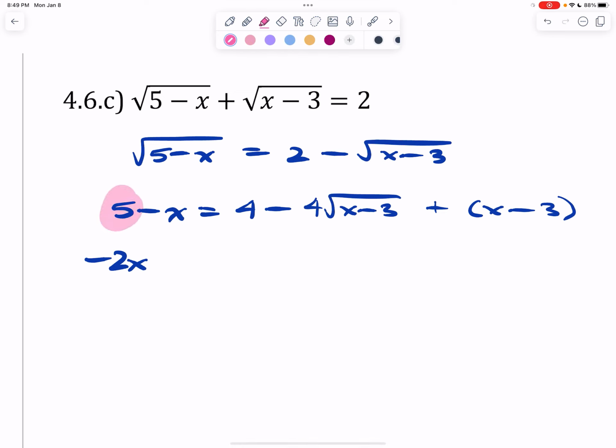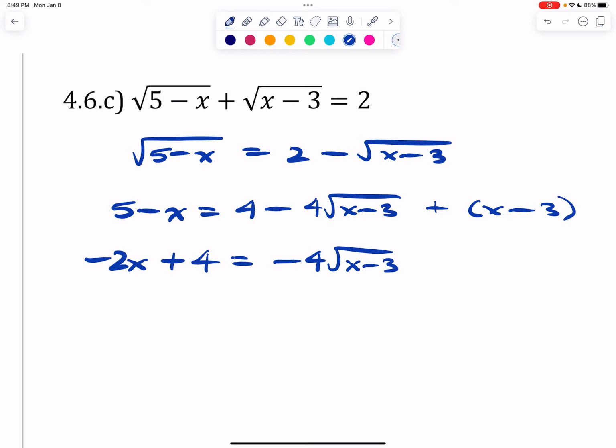And then 5 minus 4 plus 3 is 4. And I could square both sides from here if I want, but I'm noticing they've all got a common factor of 2. So, actually, no, I'm just going to divide by negative 2, so I don't have to deal with as many negatives.